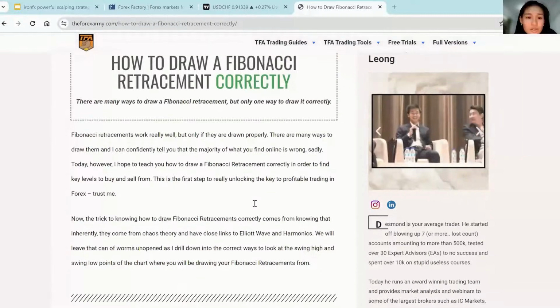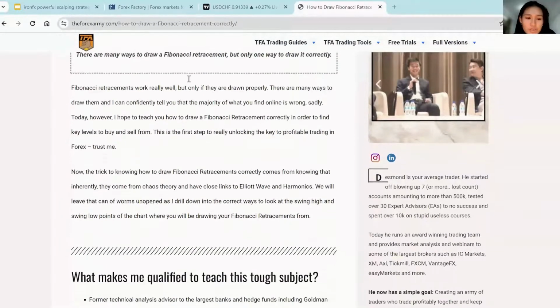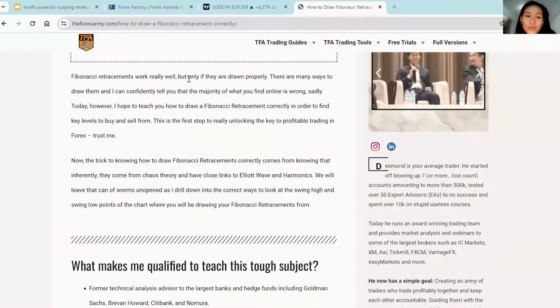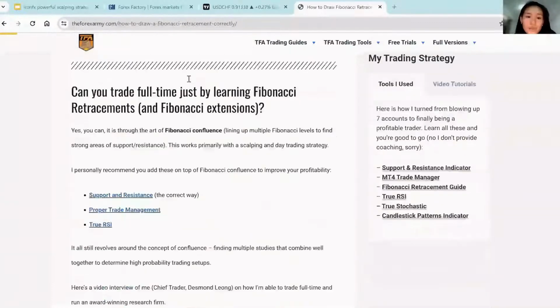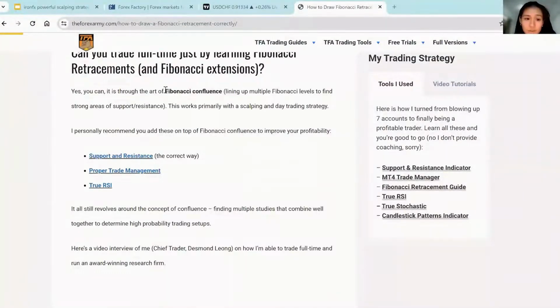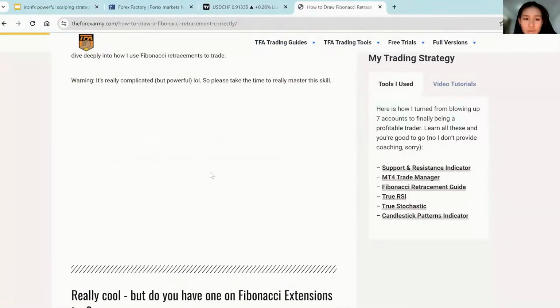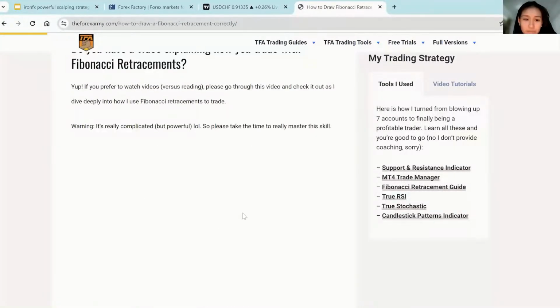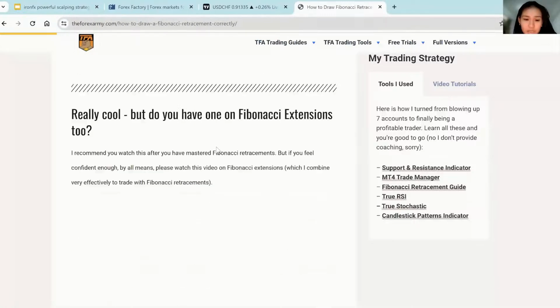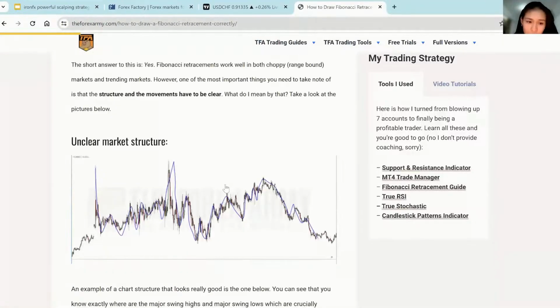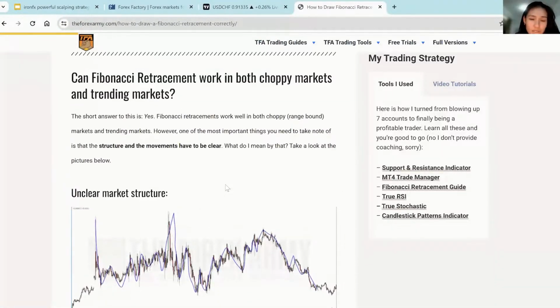You can look at how to draw a Fibonacci retracement correctly, and we also go through some Fibonacci extensions and Fibonacci confluence, which is really important. There should be a link to a video on YouTube, so you can check that out after this webinar if you're still unfamiliar.